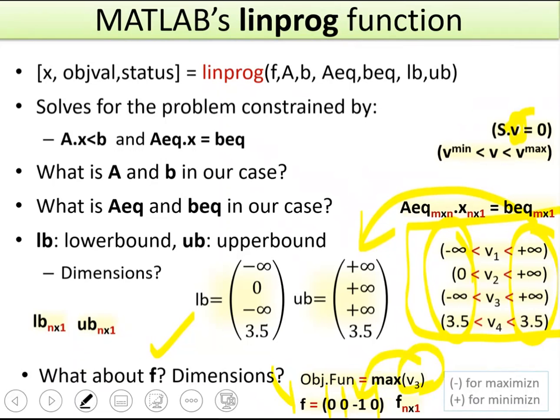One important point: in linprog and in many other linear programming solvers, if you want to maximize the objective function, you multiply f by -1. If you want to minimize the objective function, you multiply it with +1. So that's why we have this minus here.